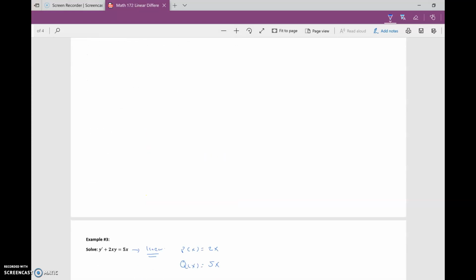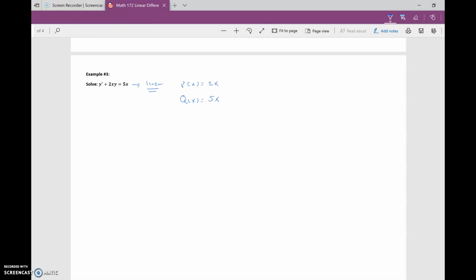So in this case, mu of x is equal to e to the integral of p of x dx. And this is e to the integral of 2x dx, which is equal to e to the 2 times the integral of x dx.